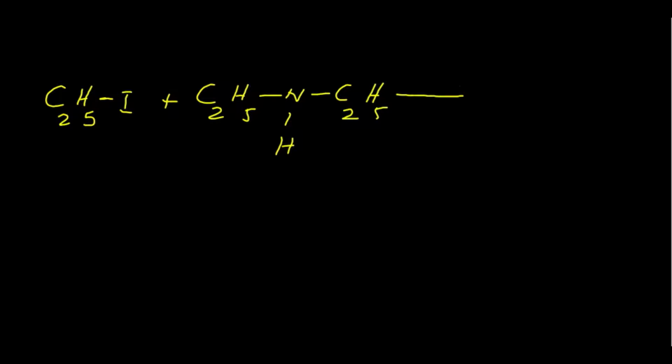So how does the reaction proceed? This hydrogen gets replaced with an ethyl group. So how many ethyl groups will be on the nitrogen? A total of 3 ethyl groups would be attached, (C2H5)3N, plus hydrogen iodide.